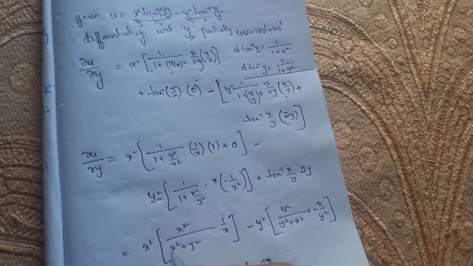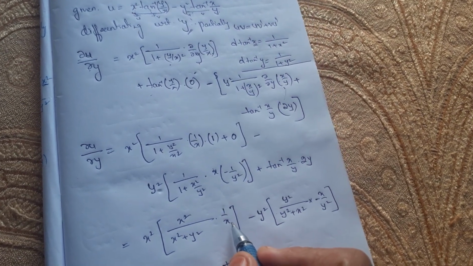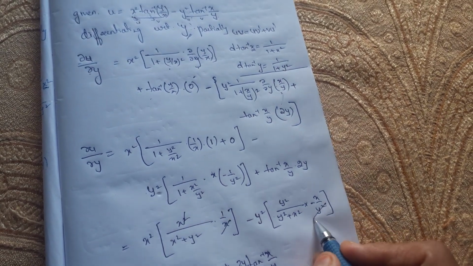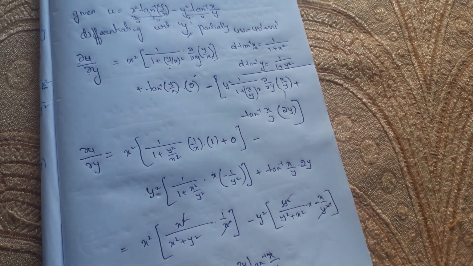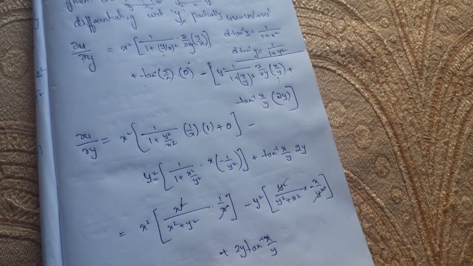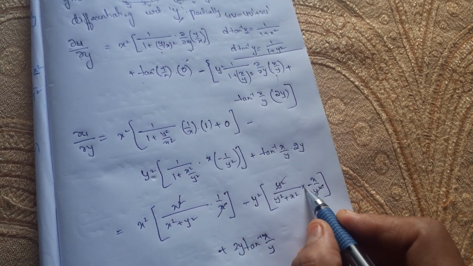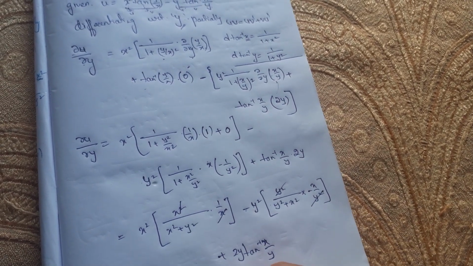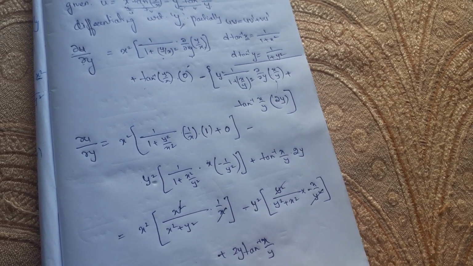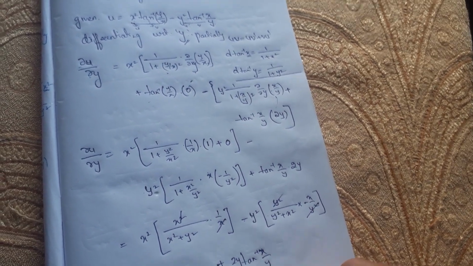So here, look at what things are getting cancelled. The x and this 1 by x get cancelled, y square and y square get cancelled. So what is the leftover thing here? x cube by x square plus y square minus, y square into this, minus into minus becomes plus, x y square by x square plus y square plus 2y tan inverse.